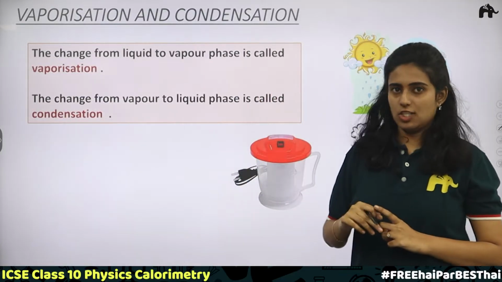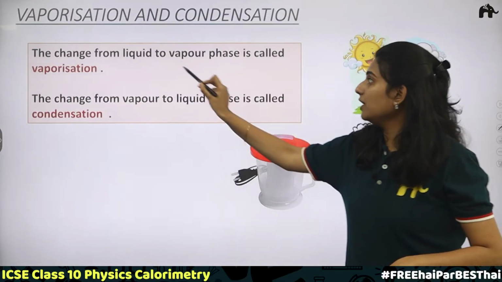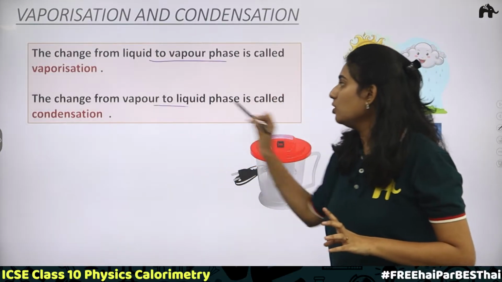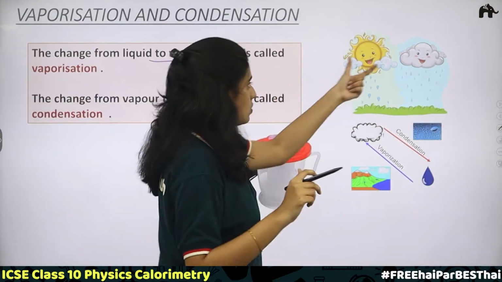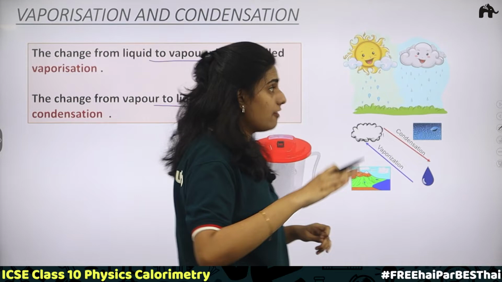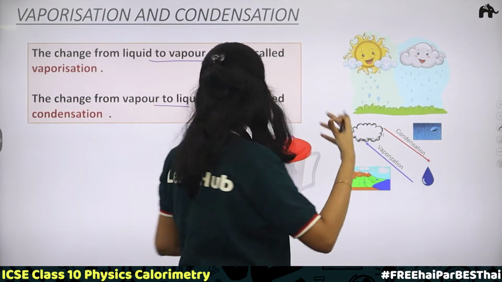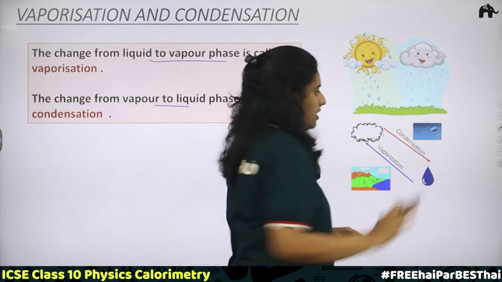Again, the temperature will remain the same. The change from liquid to vapor phase is called vaporization, and the change from vapor to liquid phase is called condensation or liquefaction. That is how clouds are formed, after which the gaseous state gets converted back to liquid, and we get rain.